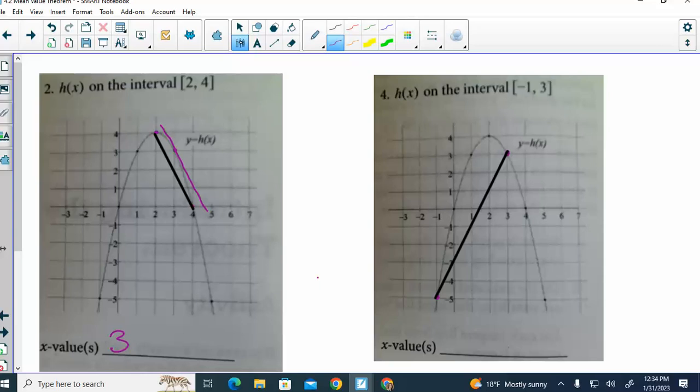So what do you think that would be? Best guess. Right here. If I drew the tangent line, there they are, approximately parallel, so that x value was about 1.